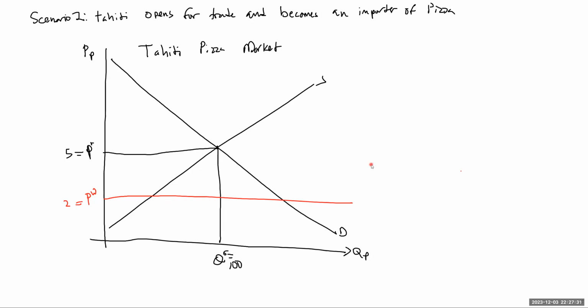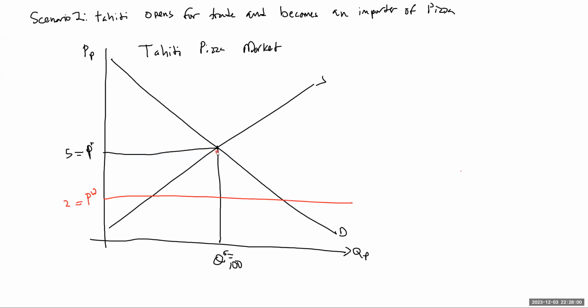And what they're going to do is they see that the domestic market, or Tahiti's market, is $5 a slice, and the world price, the price that they get in Singapore and Mexico and all around the world except for Tahiti, is $2. So they're going to come in. These initial entrants are going to come in, and they're going to charge $4.99. Okay, they're going to charge right below the domestic price.